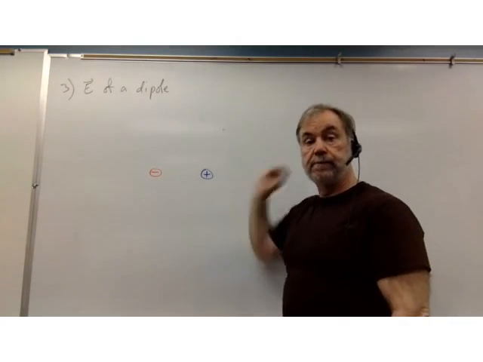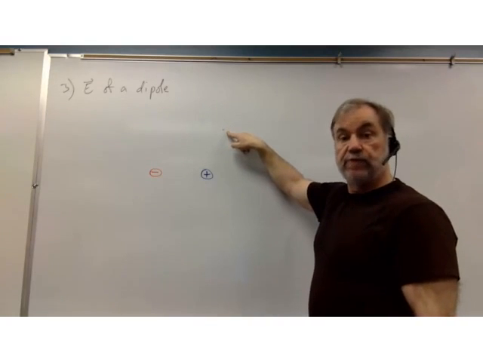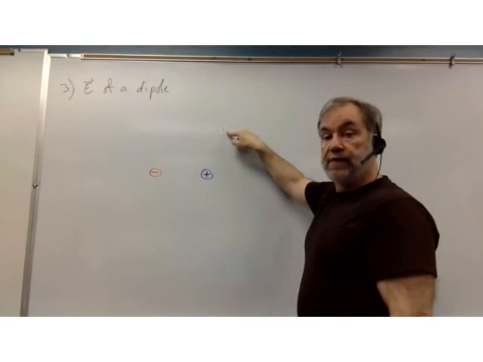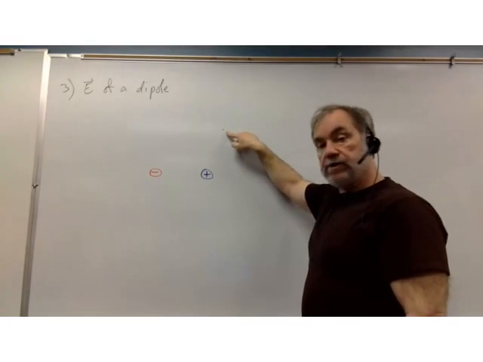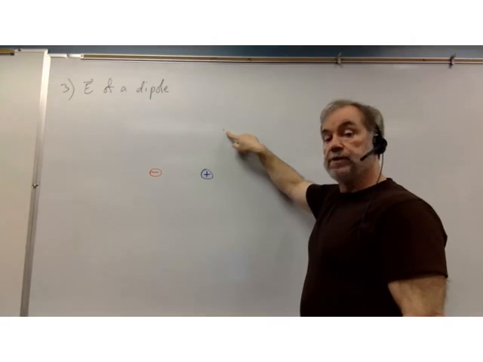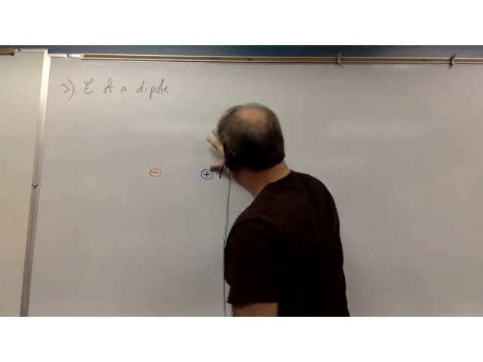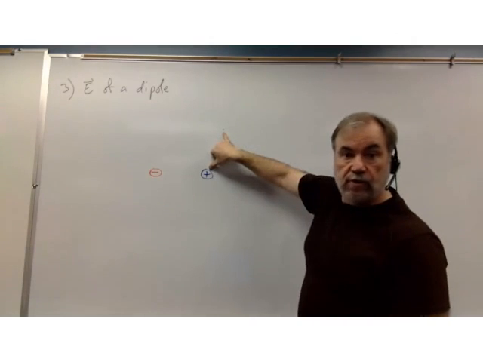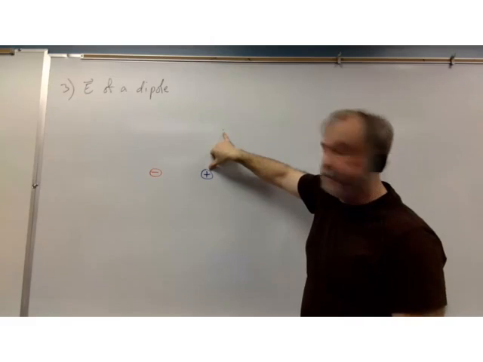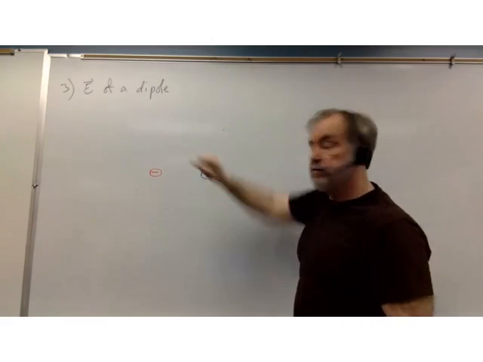Pretend that you put a positive test charge there, figure out the direction of the force that test charge would experience, and then whatever that direction was, that's the direction that the field points as well. So if I were to put a positive charge here, it would be repelled away from the positive charge, and fairly strongly repelled because it's comparatively closer to the positive source charge than to the negative.